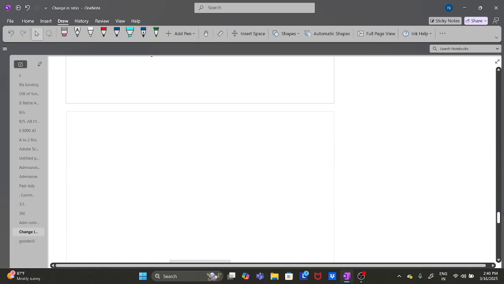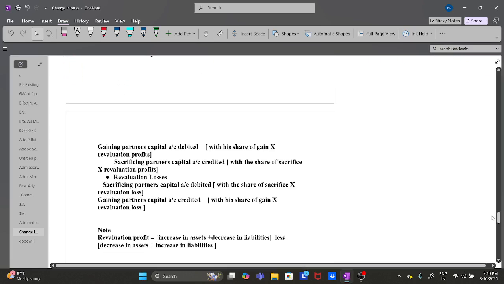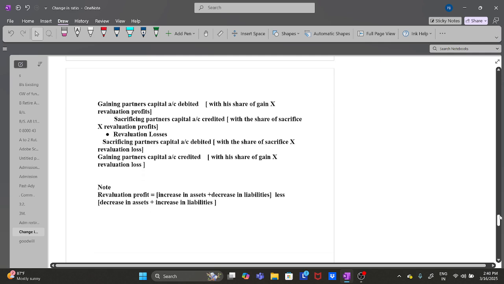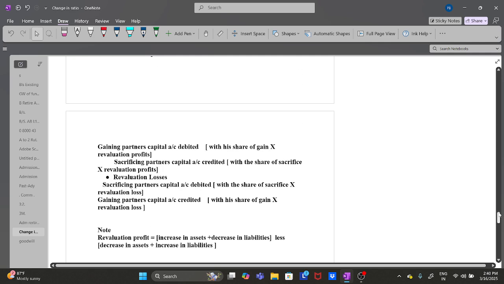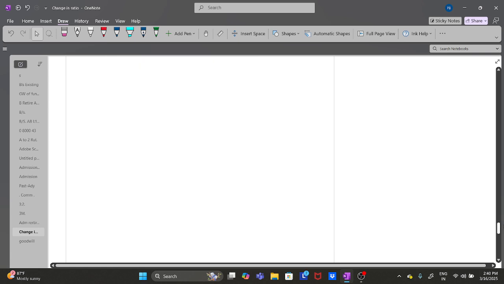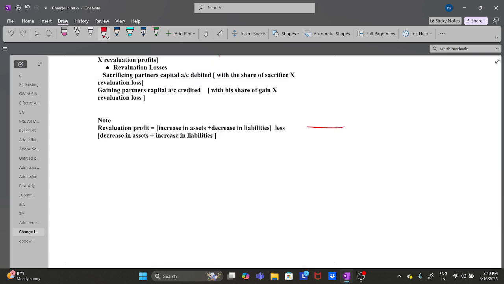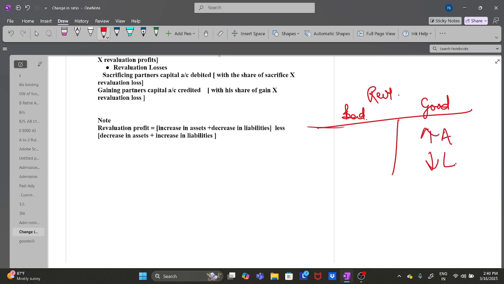Then we come to the next concept, which is revaluation profit or loss. We all know how to calculate reval profit or loss. Just a quick reminder: when we prepare the reval account, all good things come on the credit side, all bad things come on the debit side. Good means increase in asset, decrease in liability, unrecorded asset.